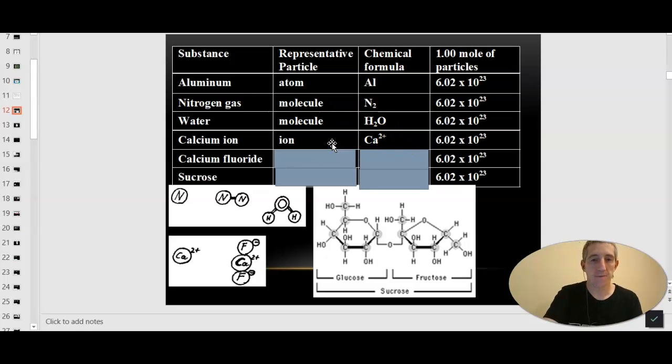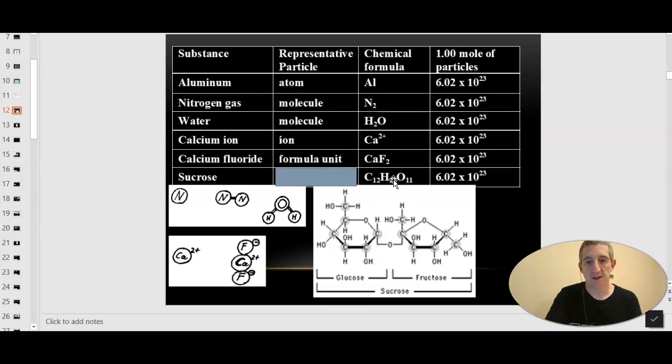Those are ions. Calcium fluoride, if you crisscross that using the charges from the periodic table, CaF2, can be broken down into, probably the newest vocab word, formula units. And then sucrose, fairly complex structure, C12H22O11. Again, all nonmetals. That means it's covalent, and covalents are broken down into molecules.